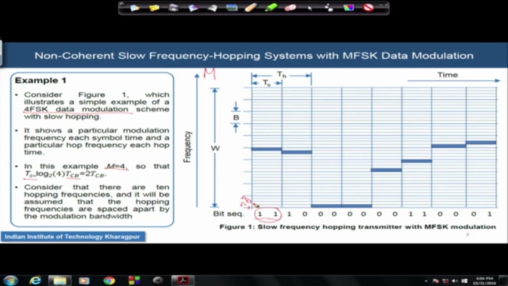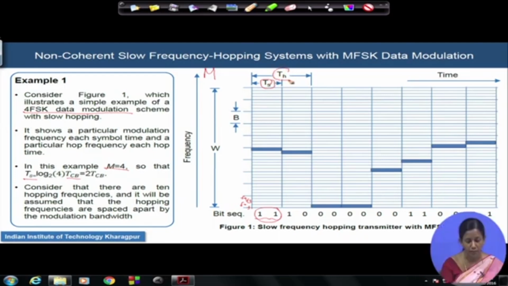Another consideration is the symbol time as well as the hopping time. The symbol time will be considered as Ts, whereas the hopping time will be considered as Th.